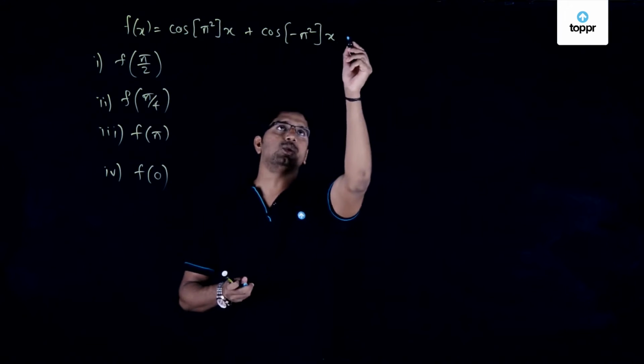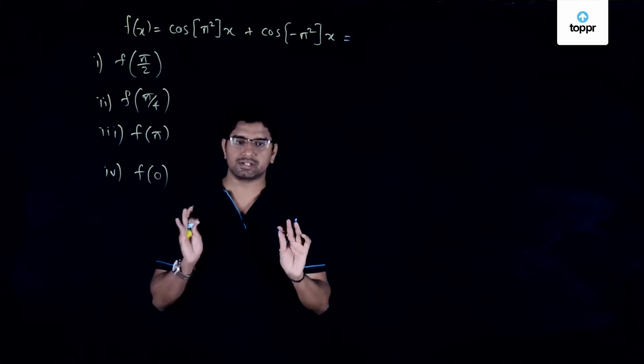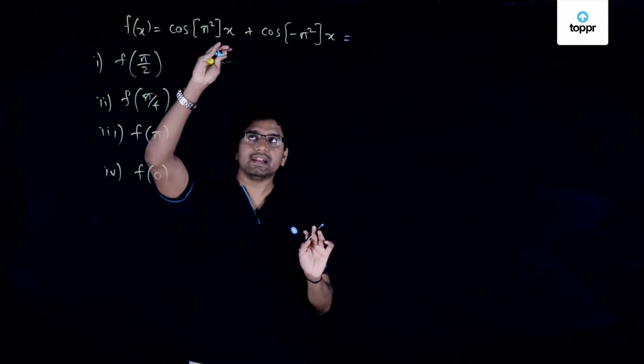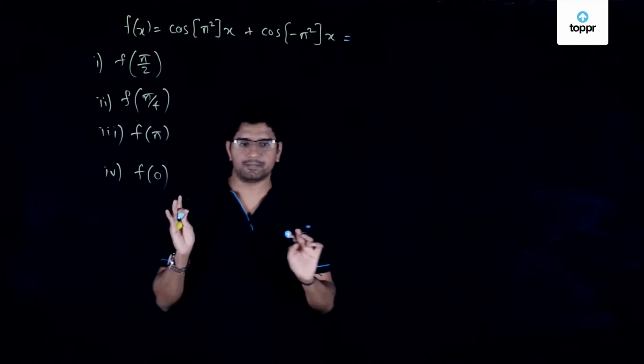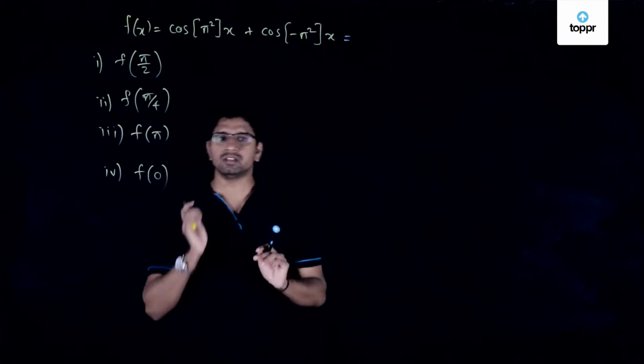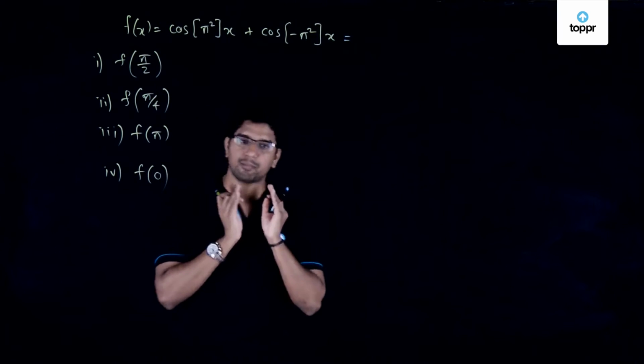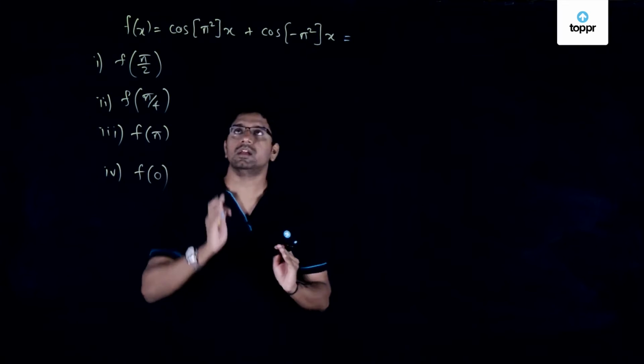So, the first thing to be done here is to actually evaluate this function, wherein we have to get rid of the greatest integer function part. This is an interesting problem because in some sense we have to evaluate the right value of pi and pi square.